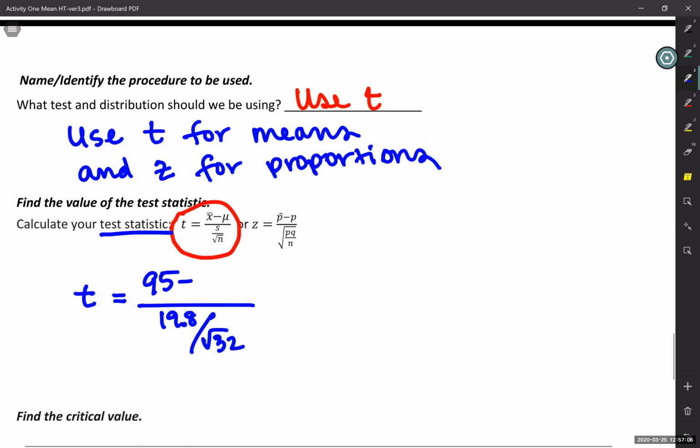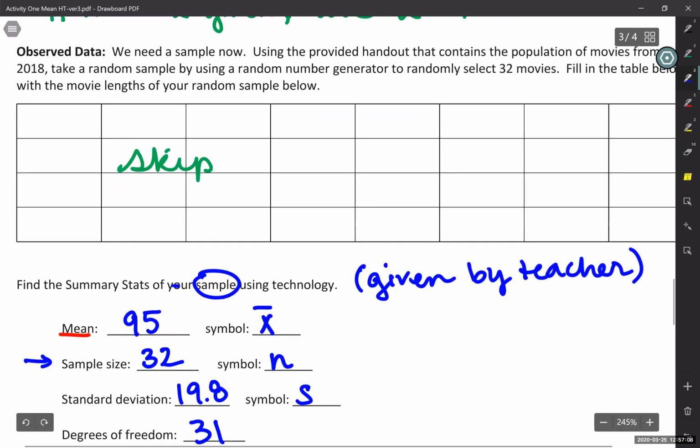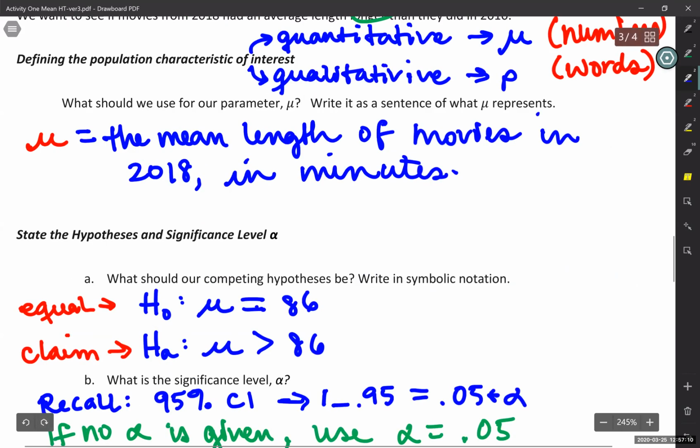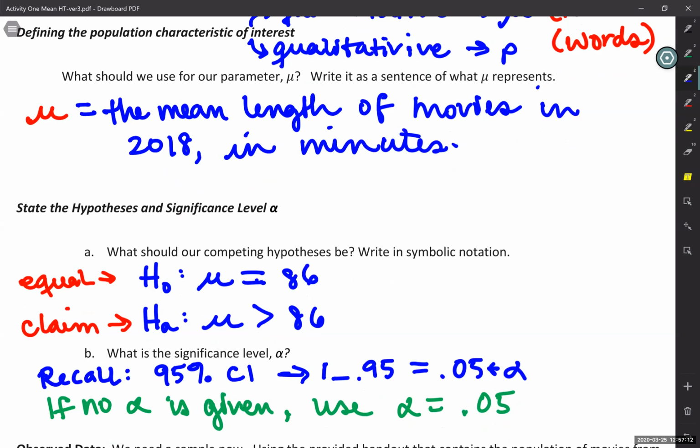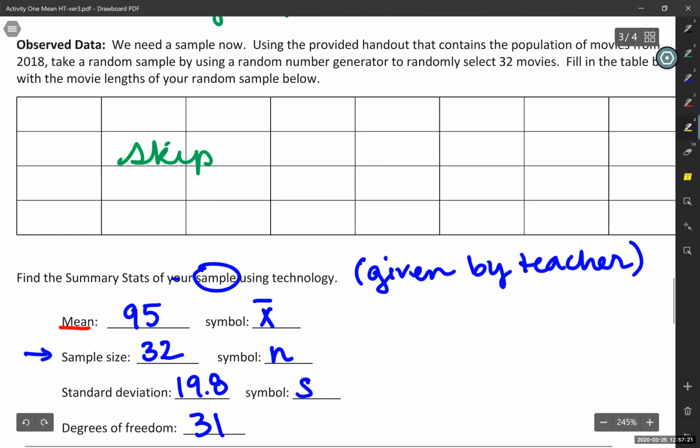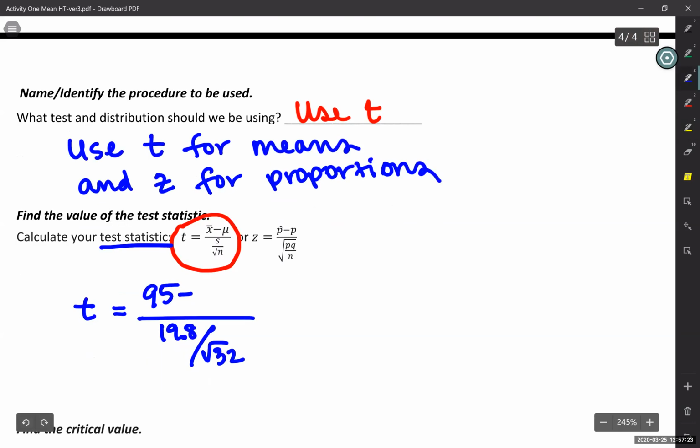So let's go back to the beginning. The first thing we did was we determined that mu was equal to 86 right here. We wrote that out. So we don't want to forget that we already did that. So then when we get to this problem right here, we say 86. All right, then you put it into your calculator.